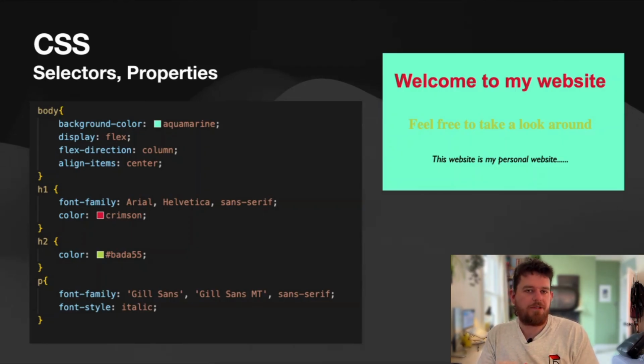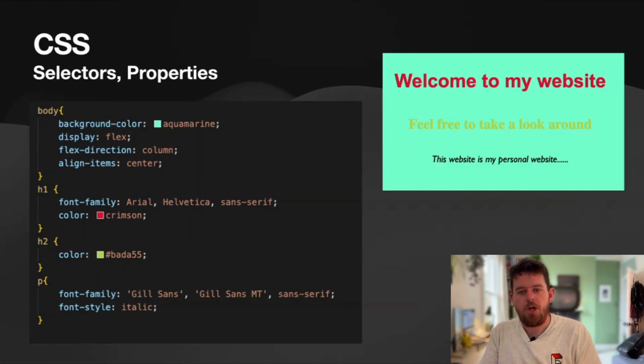Arial is the font that we want people to see our website in. But if they don't have Arial available, no worries, just show them Helvetica. If they don't have Arial or Helvetica, we're saying, just go and show them any sans serif font that you have available.